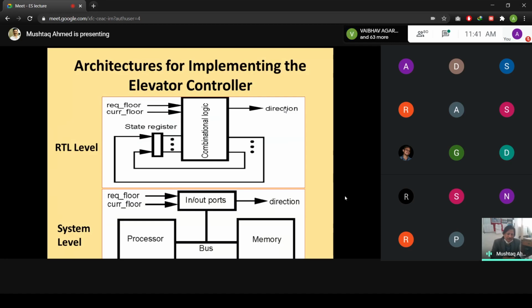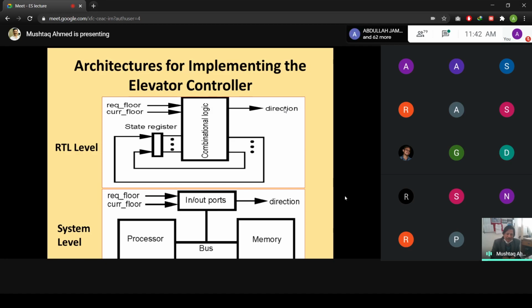In this case, at the RTL level, there are two inputs, and based on the current position, the decision is required to be made. We have the requested floor and the current floor from where the request is being made, and we give that to the combinatorial logic.